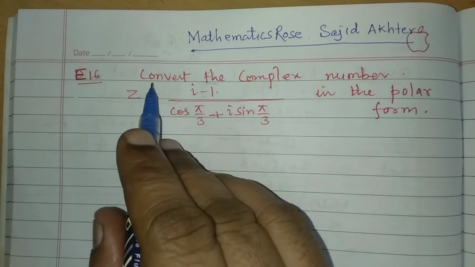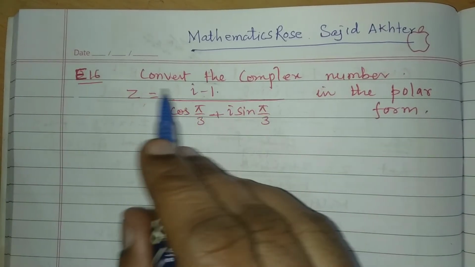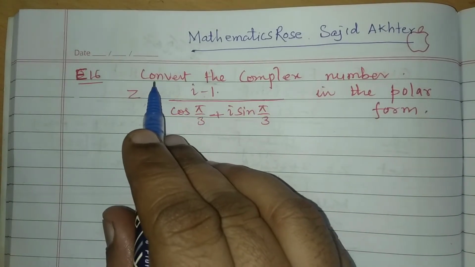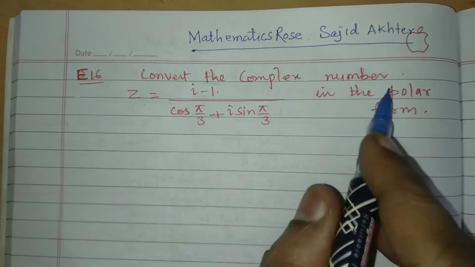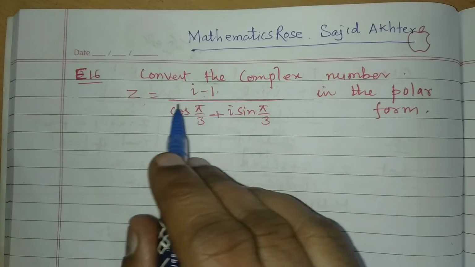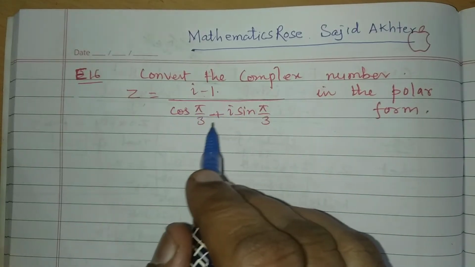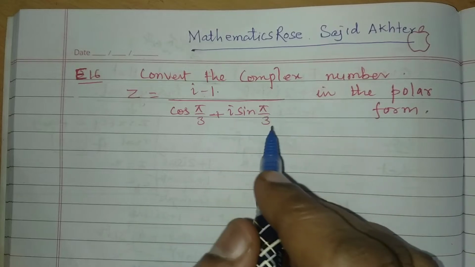Here the example says to convert the complex number into polar form, where z is equal to (i minus 1) divided by (cos pi by 3 plus i sin pi by 3).